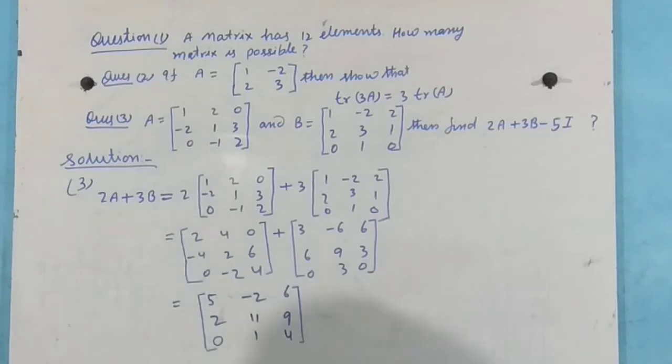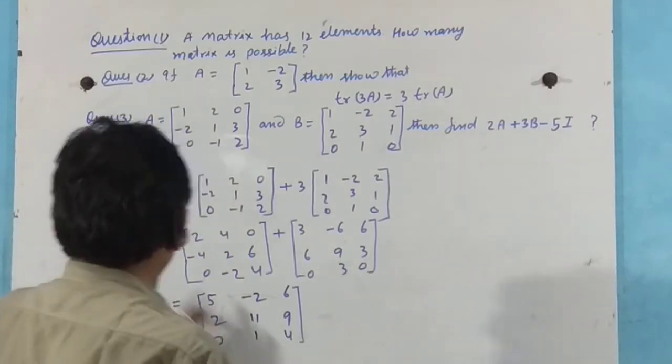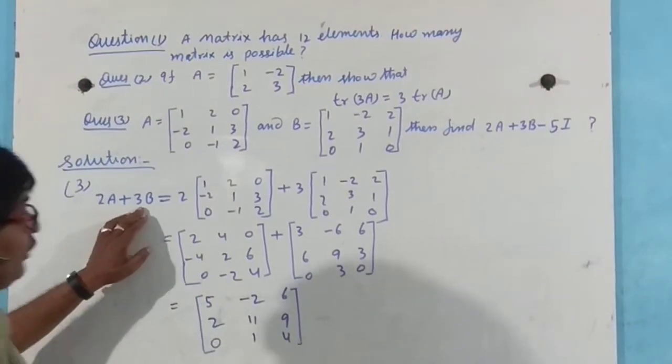Now 5 2 0, minus 2 11 1, 6 9 4. This is the value of 2A plus 3B.